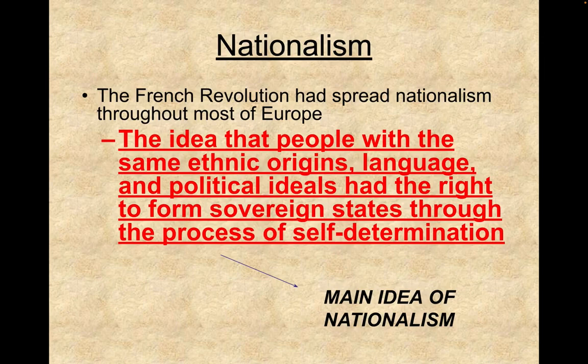What the French Revolution spread was the idea that all of these people who are similar have the right to form those countries just because they are similar. This is the main idea of early 20th century nationalism that really is echoed today. So nationalism really hasn't changed much, but it's adding the lighter fluid to the proverbial bonfire that we're going to start with World War One.